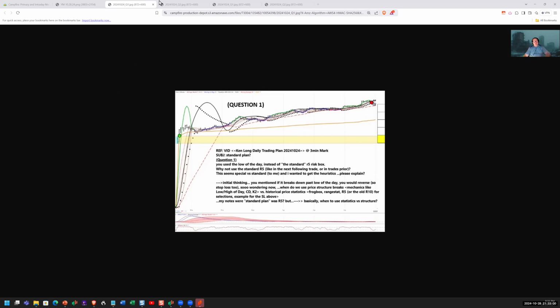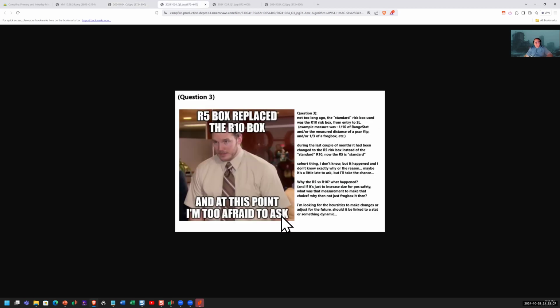And I answered the question about R5s versus R10s earlier. This is the same question. Yeah, in the small group coaching, we worked out the idea that if you were trading 3 minutes, the R10 is okay. The R5 is better if you're using 10-minute or 30-minute bars, so that you have a wider stop and a smaller position size and less active management.